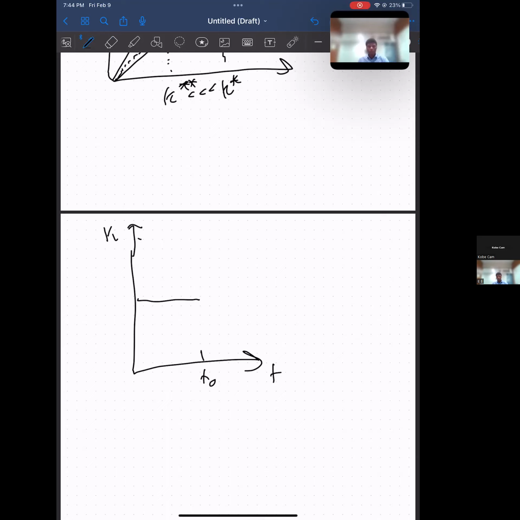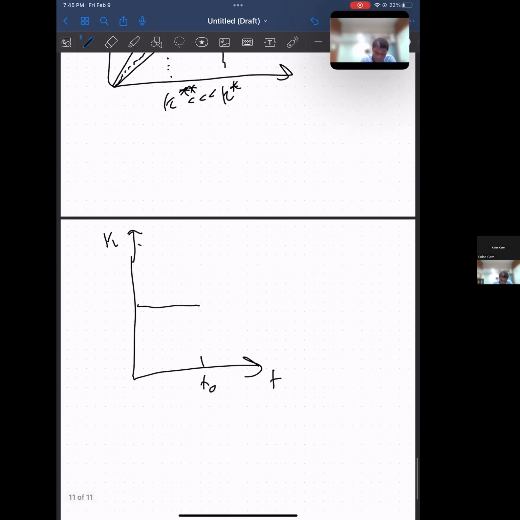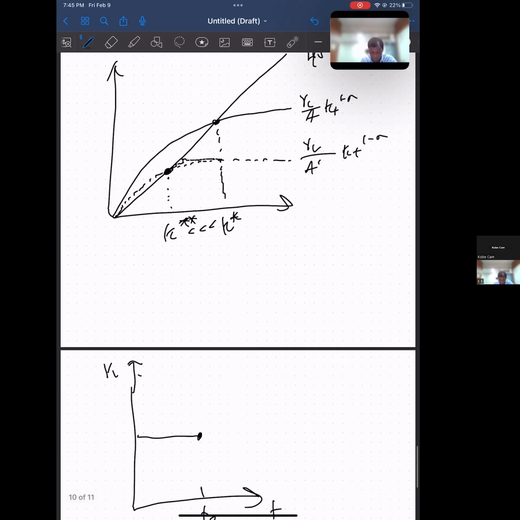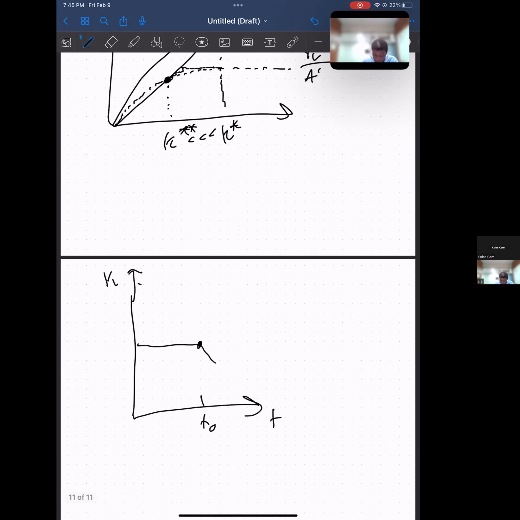What happens? Well, technology goes up, right? So if this goes up, this goes down. And so now we're going to have our new time path. And so now this goes down. And so now we know that capital per capita is going down over time. Because look, it's sliding down. And we're also going to slide on down like this to the new steady state.